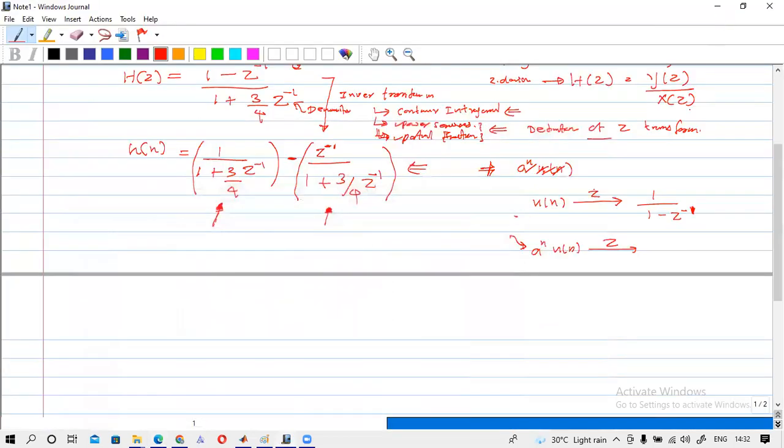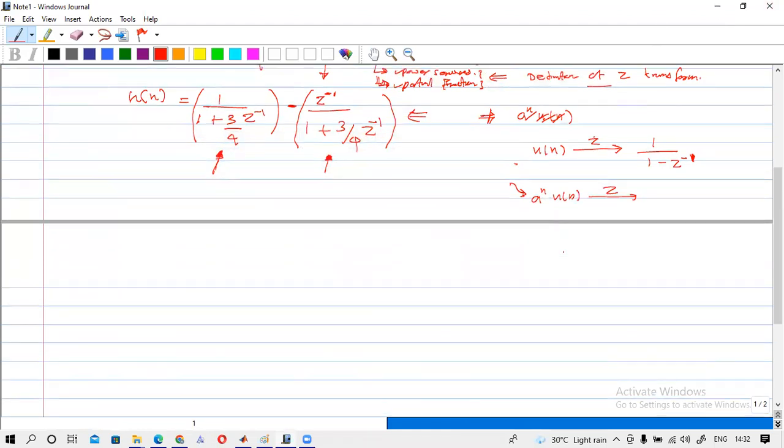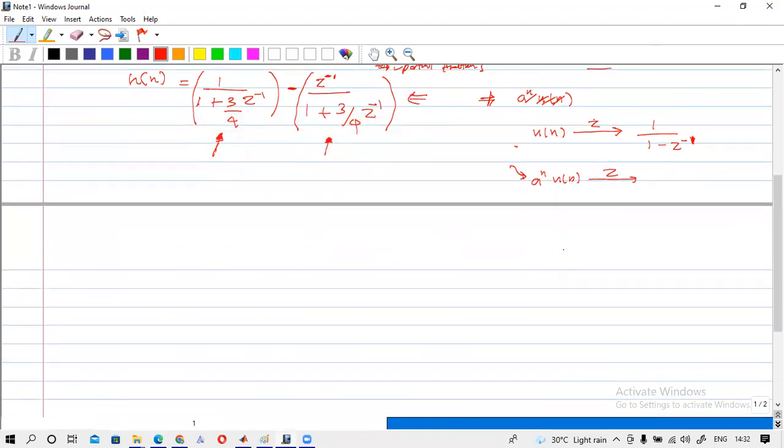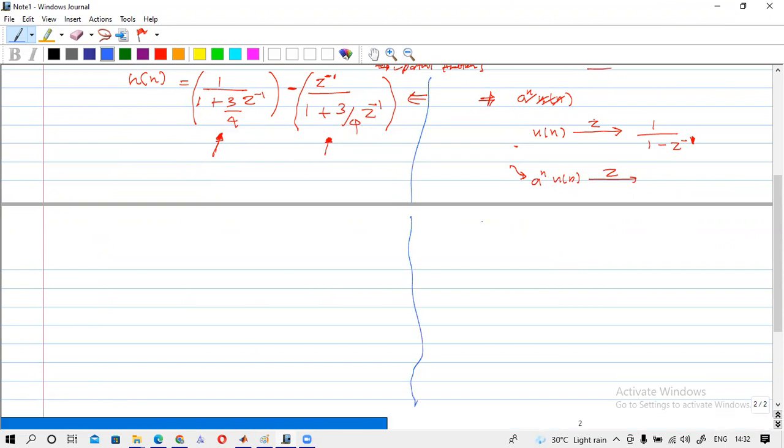I keep this side for the question and this side for the approach. Here you have u[n], and its Z transform is 1 over 1 minus Z^-1.